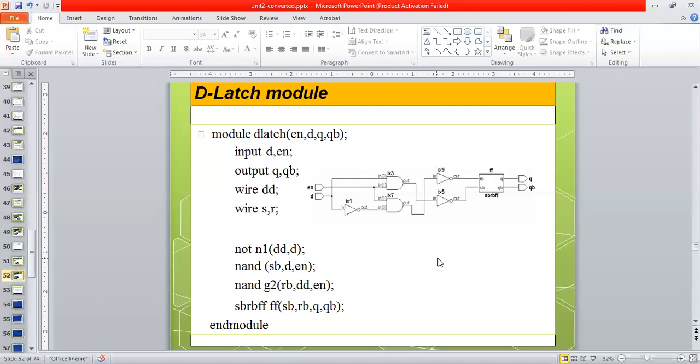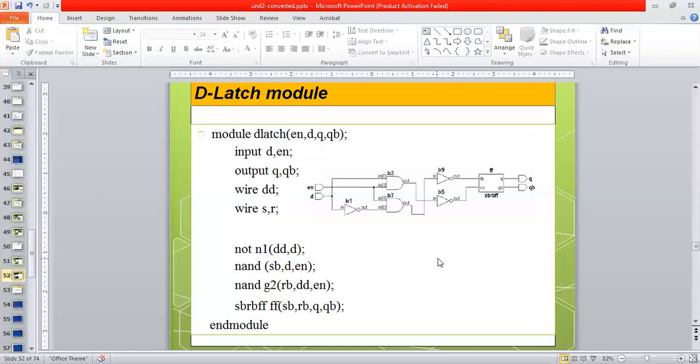Write a Verilog module to develop a T latch by using the gate level implementation.